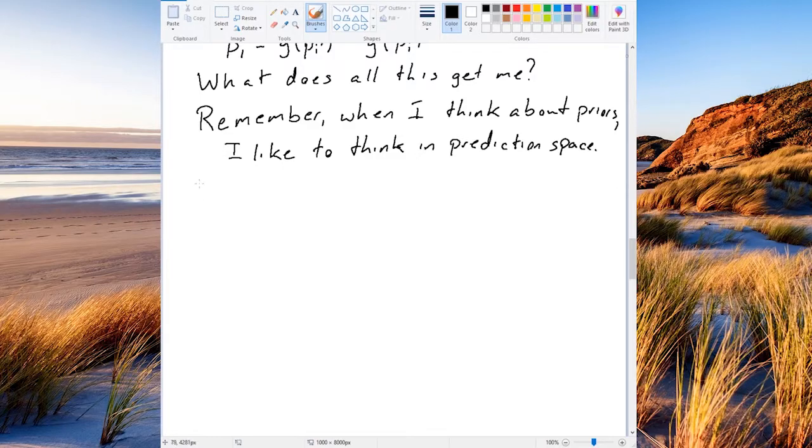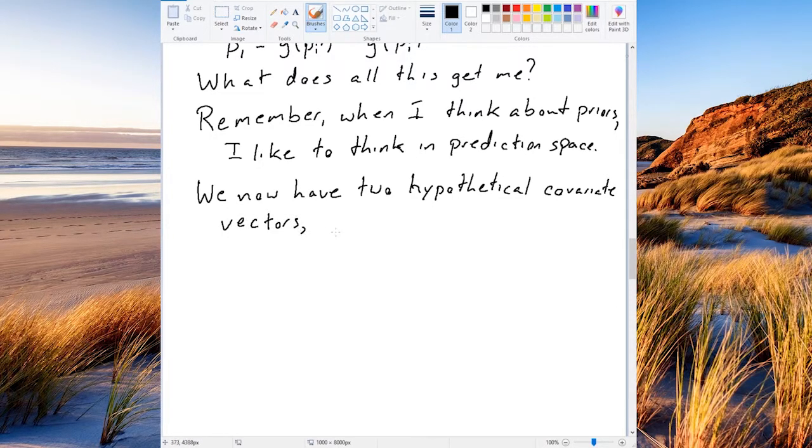So, we now have two hypothetical covariate vectors. And I'll call those xi and xi prime, like I had.